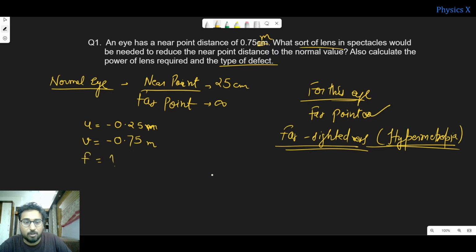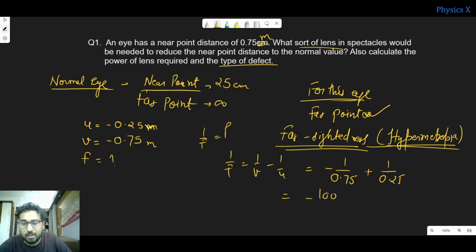So we need to calculate F. 1 by F is power. Now 1 by F is 1 by V minus 1 by U. So that is minus 1 by 0.75 and minus minus becomes plus 1 by 0.25. So this is minus 100 by 75 plus 100 by 25, which equals minus 4 by 3 plus 4, which is 8 by 3.